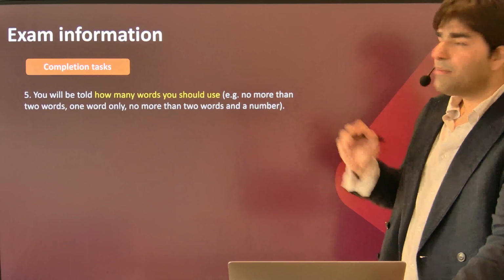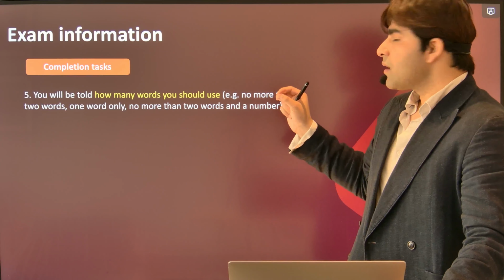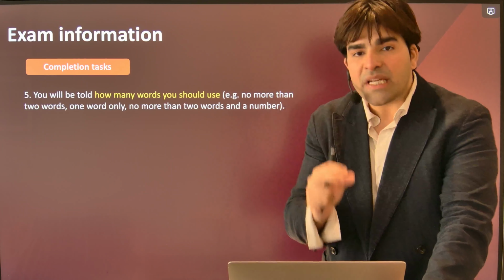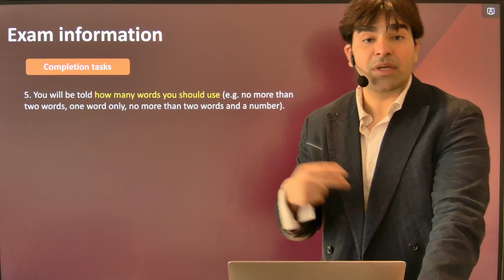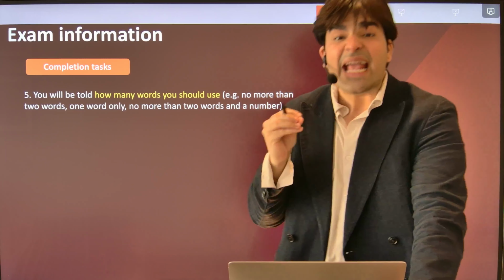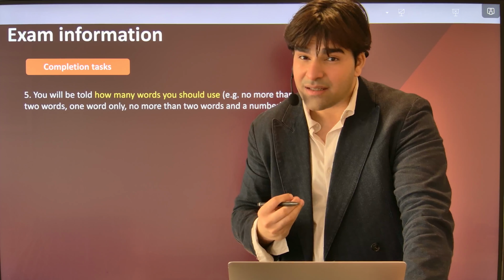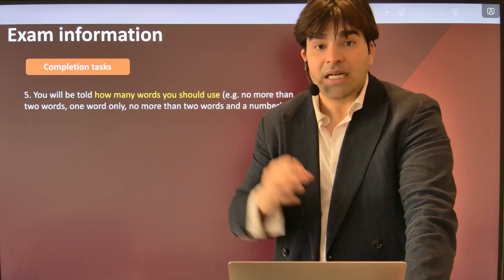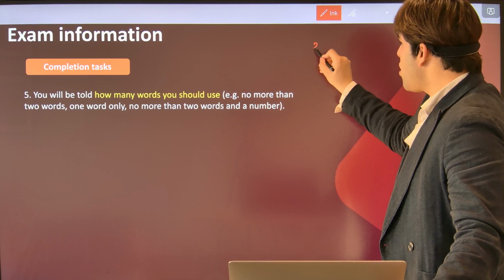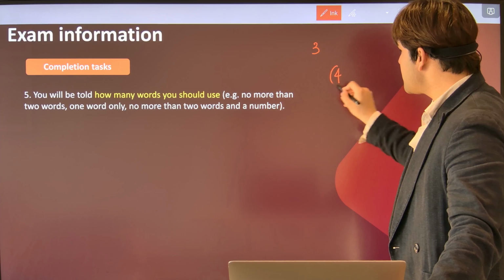Now, point number 5 that you should keep in mind is the question always tells you how many words you have to write, how many numbers you have to write. And I have seen, 80% of the times, I've been teaching IELTS for 15 years, even if your answer is right, the question says write not more than 3 words, students end up writing 4 words.